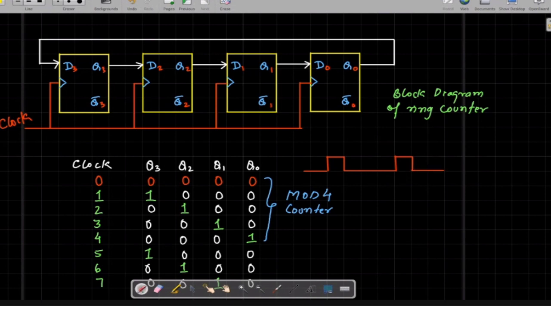So let's say this is the time period t, this is the time period 3t, and the whole time period from here to here is 4t. So this is your ring counter.